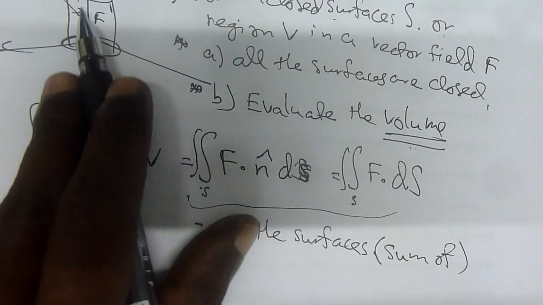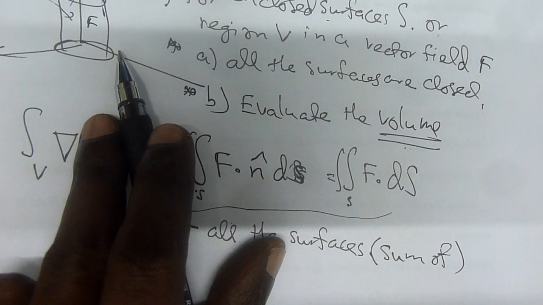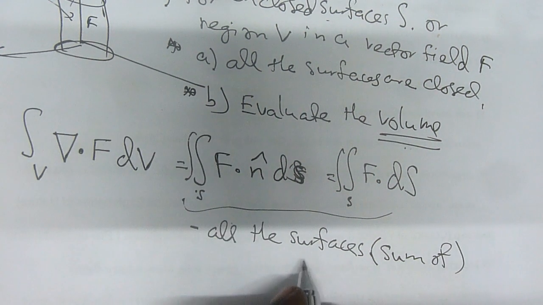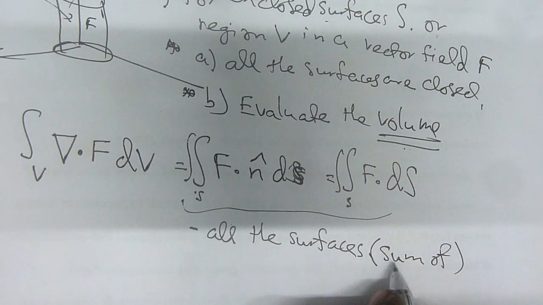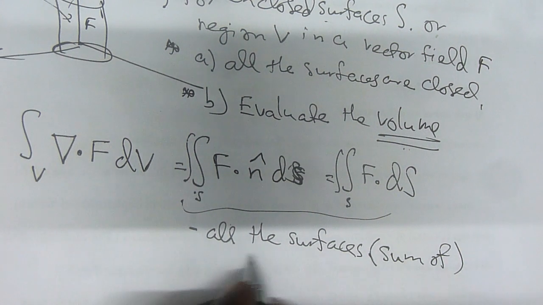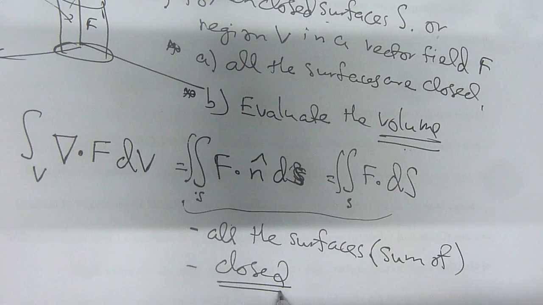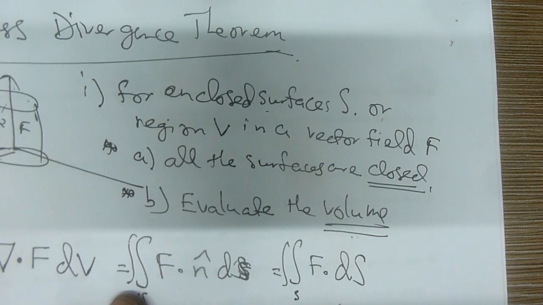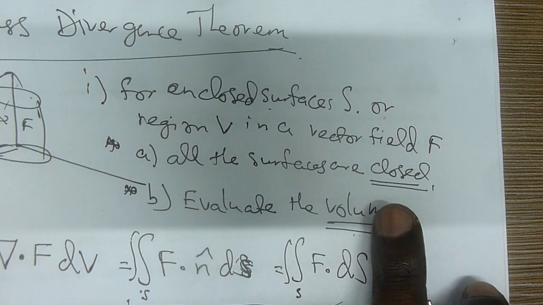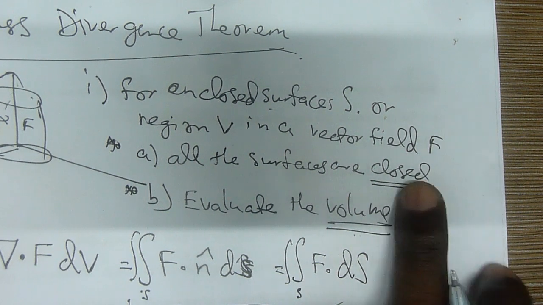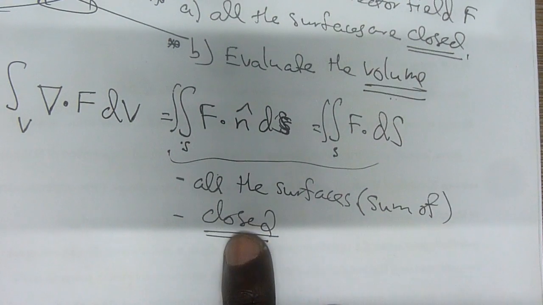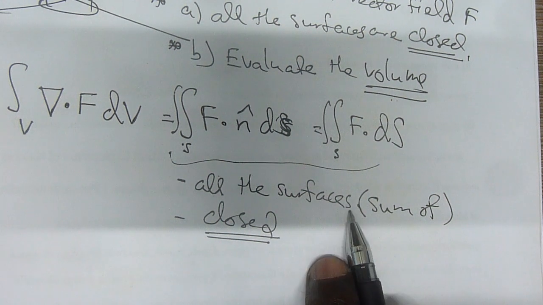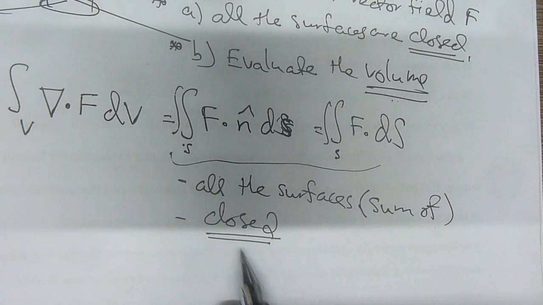That means you cannot use a single surface, and all the surfaces must be summed, and it must be closed. I stress this word again, closed. Here also I mention this word, closed, because you're going to learn Stokes theorem, and that theorem is slightly different from this. That's why I'm emphasizing this again and again: it must be the sum of all the surfaces, and closed.